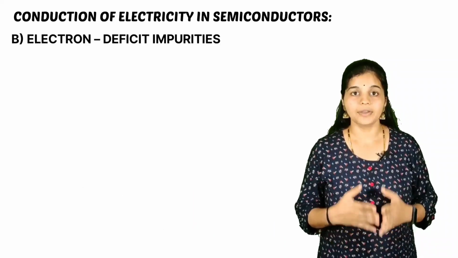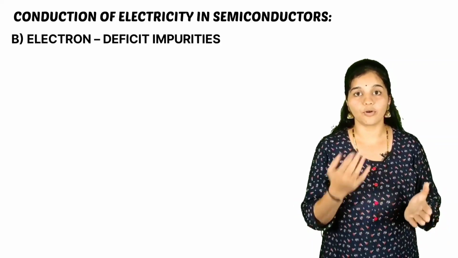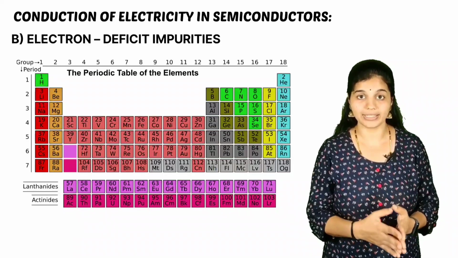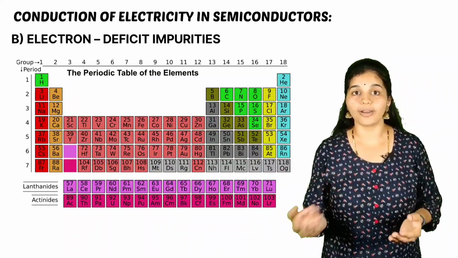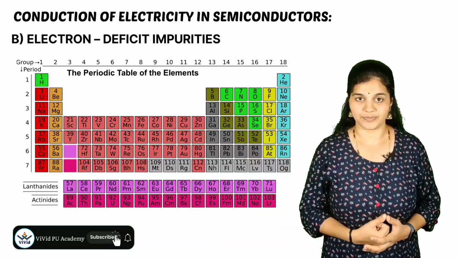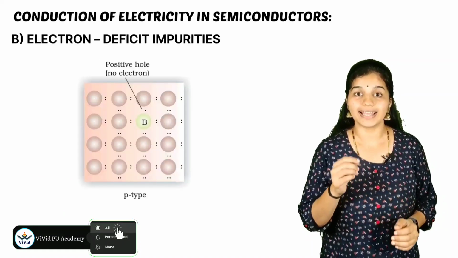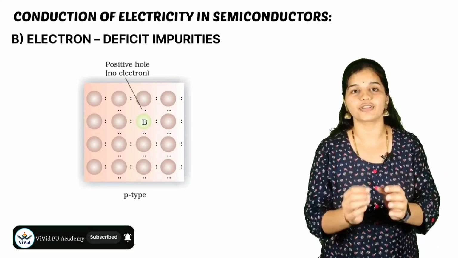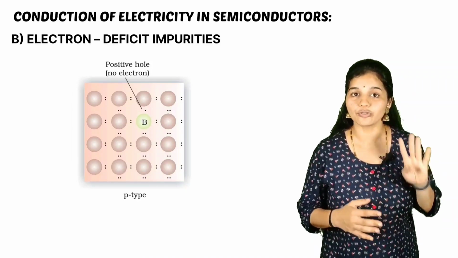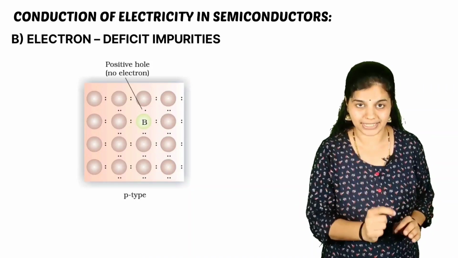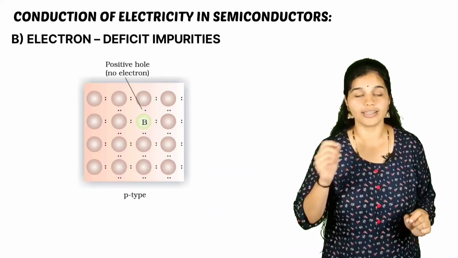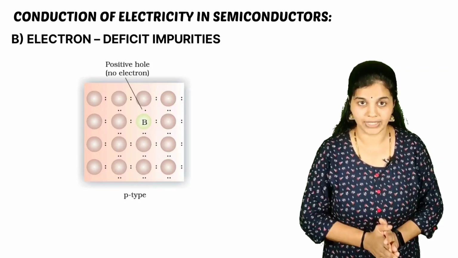On the other hand, we can dope silicon or germanium with group 13 elements like boron, aluminium or gallium, which contain only 3 valence electrons. Here, an electron is missing for the bond formation. The place where the 4th valence electron is missing is called an electron hole or electron vacancy.